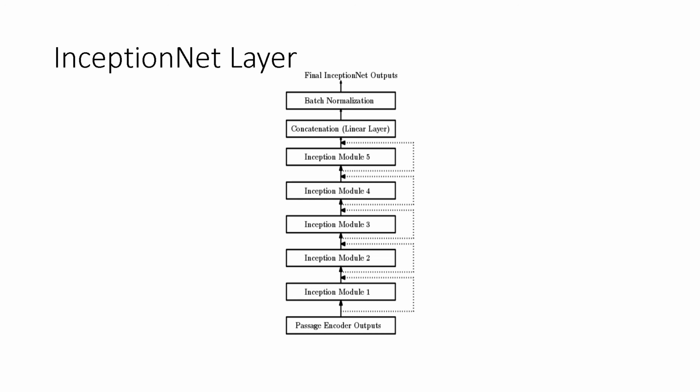I'm not going to go into those details. The residual function is just a shortcut for backpropagation when it is difficult to compute the gradient. All the details for this I'm going to skip. On the top we have the concatenation layer, which is a linear function, and the final output goes to the attention layer.